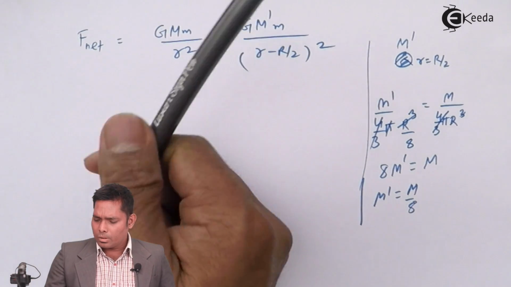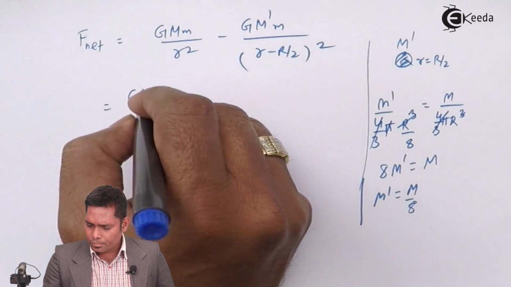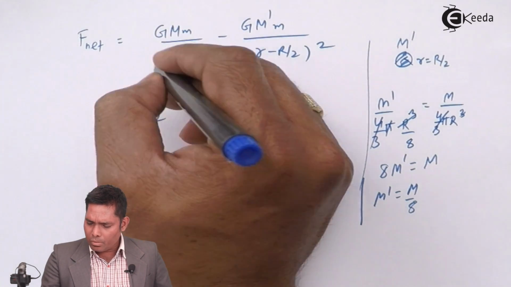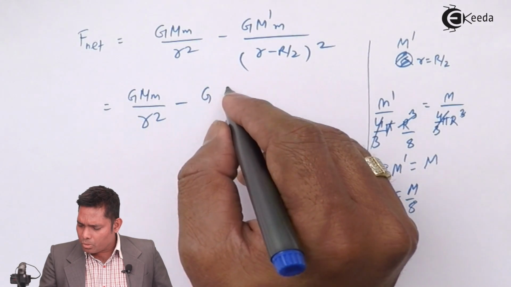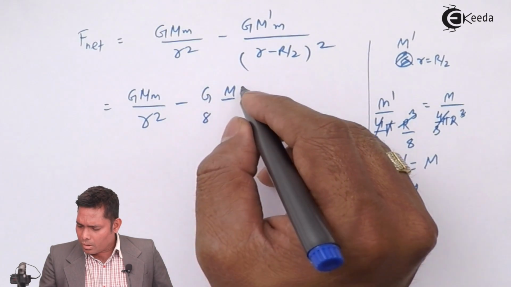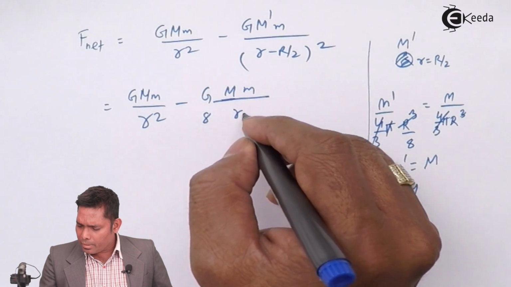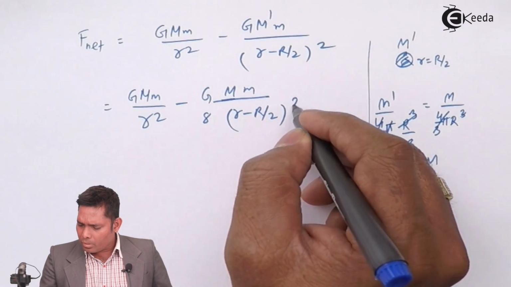So I'll put it here. This is G, this part remains the same, minus this M dash part, I'll substitute M over 8. M is already there, divided by r minus r by 2 the whole square.